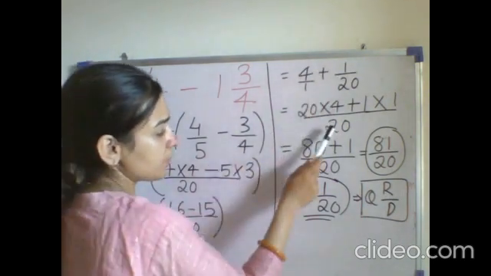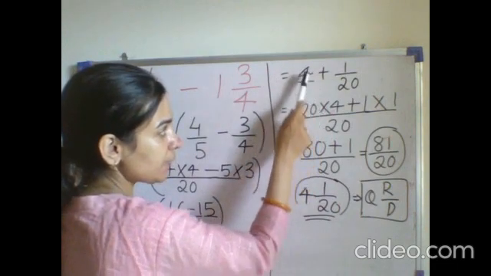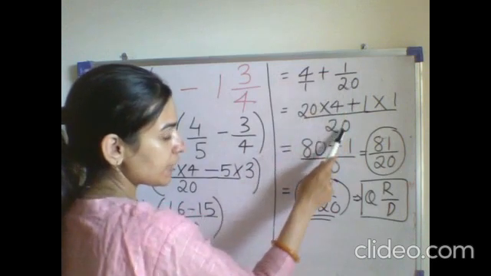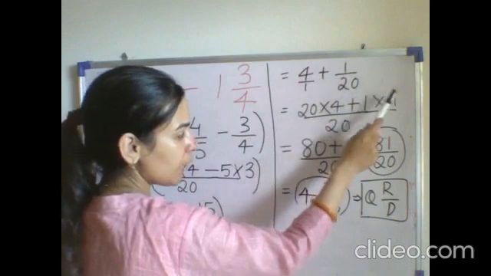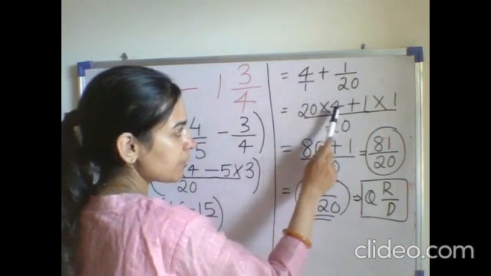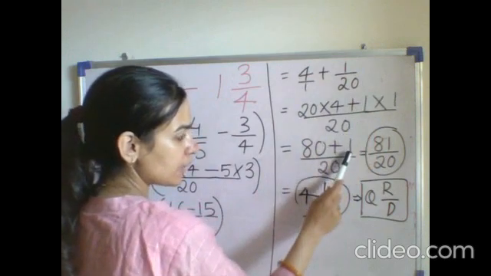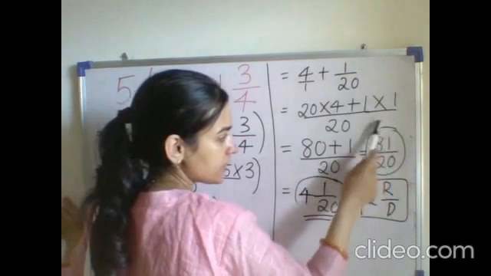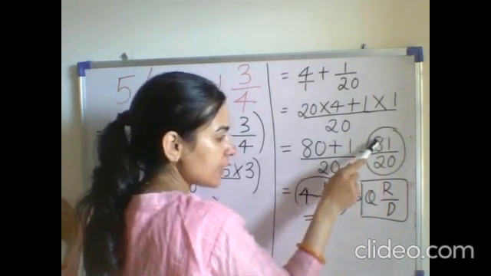Now we divide 20 by 1 and get 20, multiplied by the numerator 4, plus 20 divided by 20 is 1, multiplied by the numerator 1. Now 20 multiplied by 4 is 80, plus 1 multiplied by 1 is 1 upon 20. 81 upon 20 is an improper fraction because the numerator is greater.